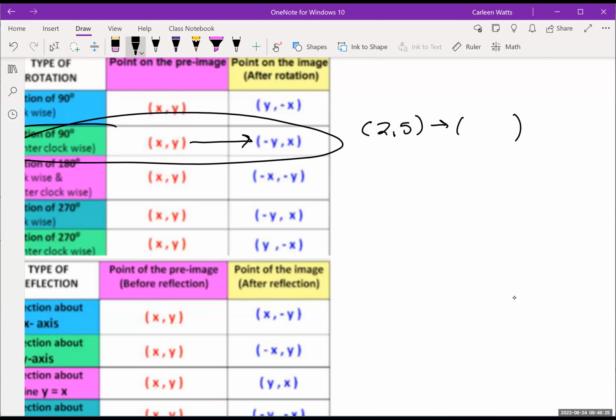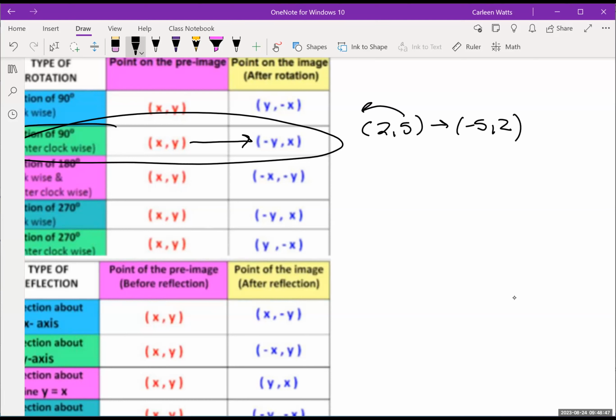Oh, you are so close. We're going to switch order, and the one that comes to the front changes sign. So that says change order and change sign.